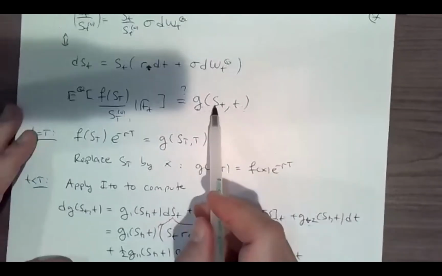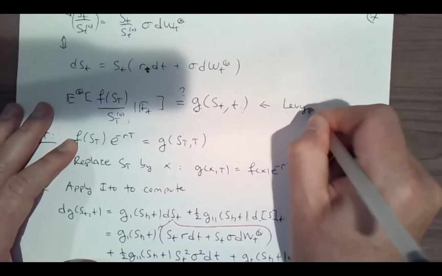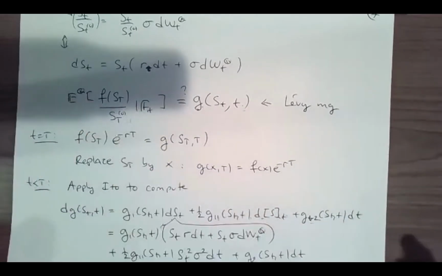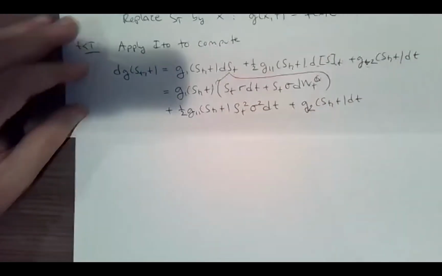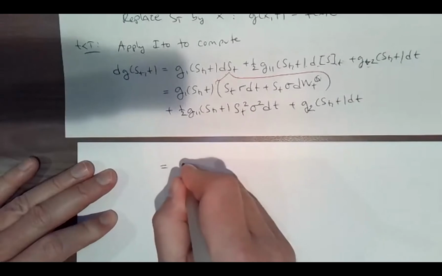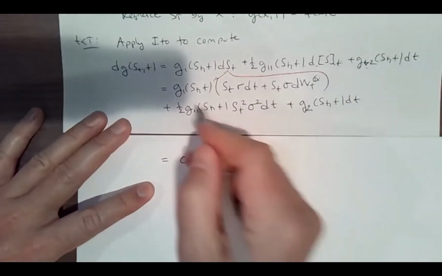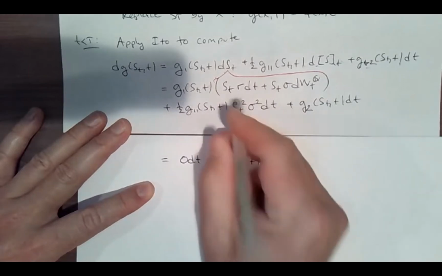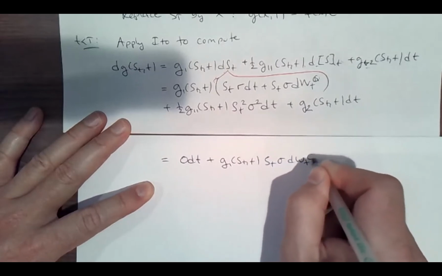Right, and I know that this is a martingale. It's a Lévy martingale. It's a conditional expectation of a random variable. That's a Lévy martingale, and so it has no drift. So this is going to be equal to 0 dt, plus whatever the volatility term will then be: g1 of S_t and t, S_t sigma dW_t^Q.